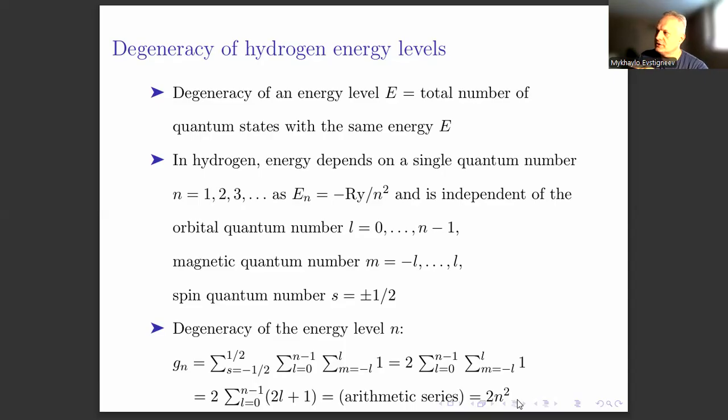You can have either the orbital quantum number equals 0, in which case the magnetic quantum number can only have the value 0, or you can have the orbital quantum number equal 1, in which case the magnetic quantum number is either -1 or 0 or +1, so 3 states. 3 plus 1, total 4 states, multiplied by 2 due to spin, so that gives you 8.